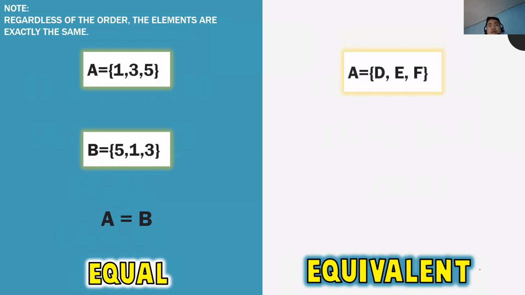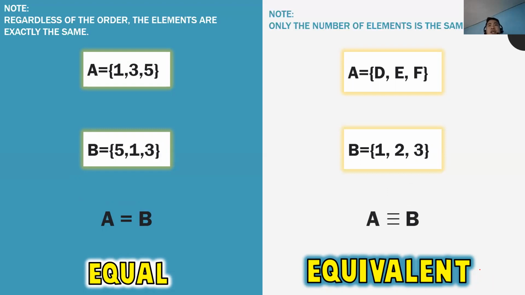Sa equivalent naman po, let's say, D, E, F as the elements of set A, and set B contains 1, 2, 3. As you can see, yung mga elements po niya magkakaiba. Pero equivalent po ang A and B sa paanong paraan? The number of elements is the same. So, ibig sabihin, kapag parehas ng bilang, equivalent po yung tawag.